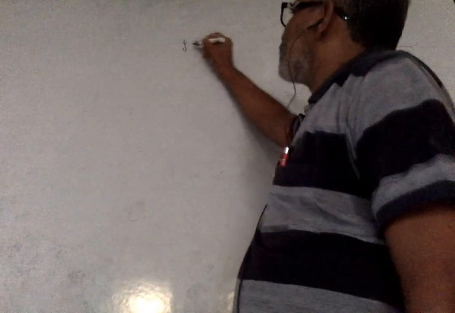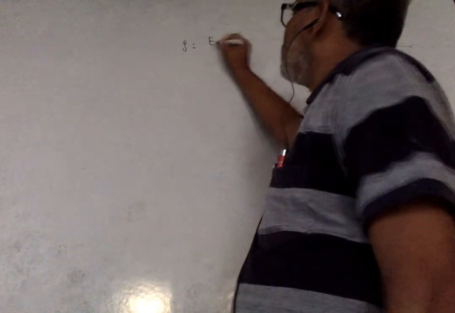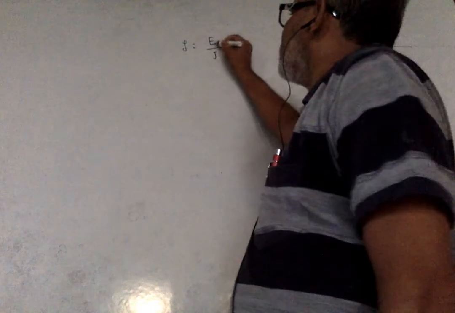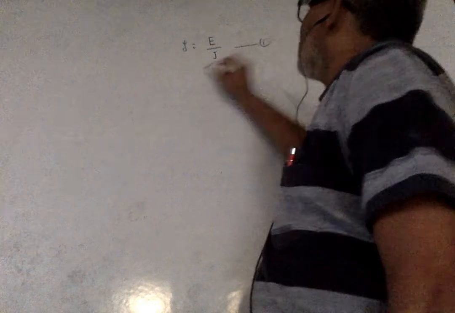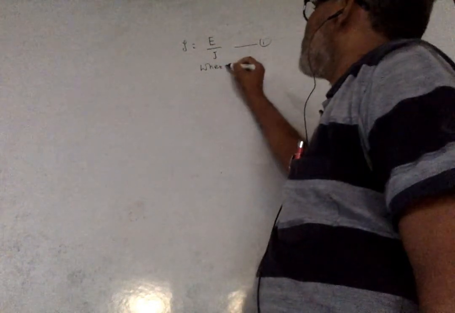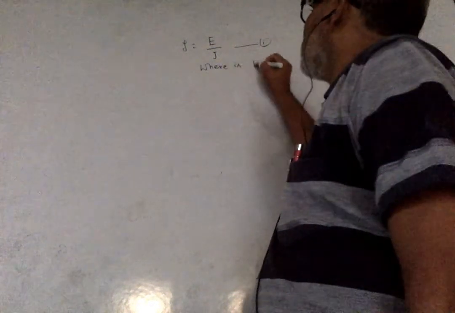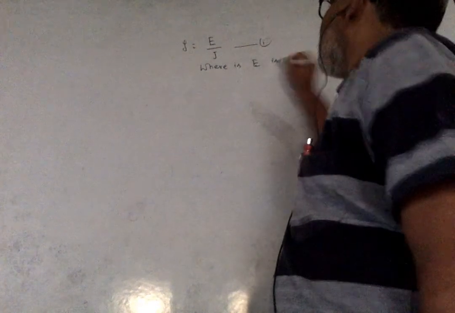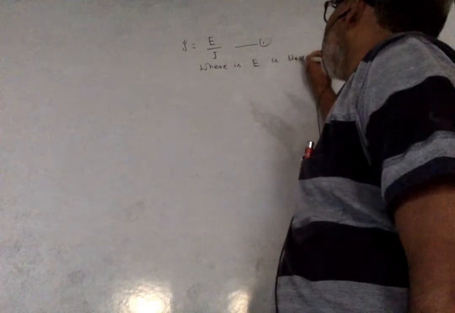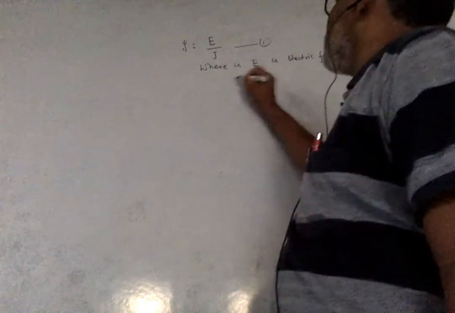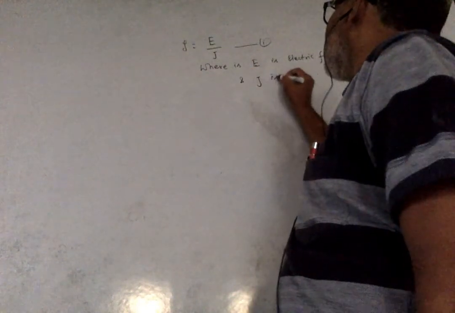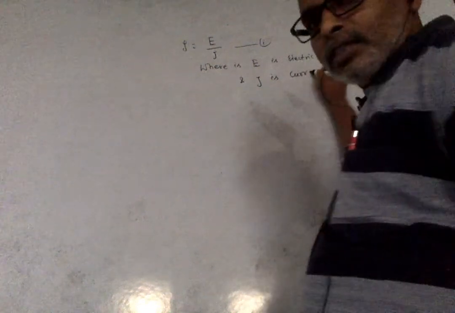That is rho equals E by J, where E is electric field and J is current density.